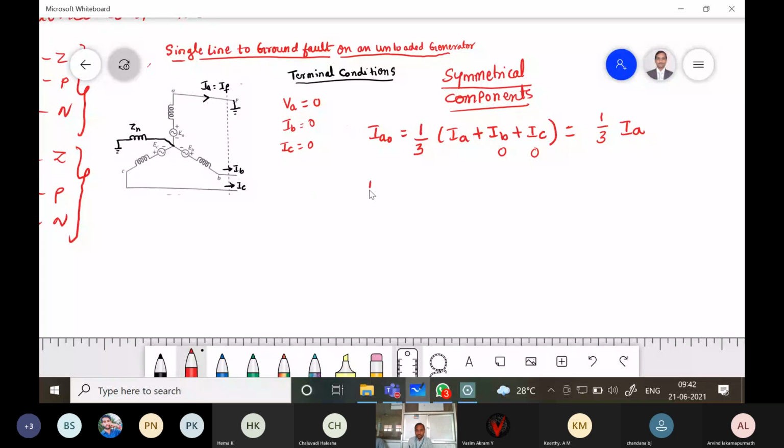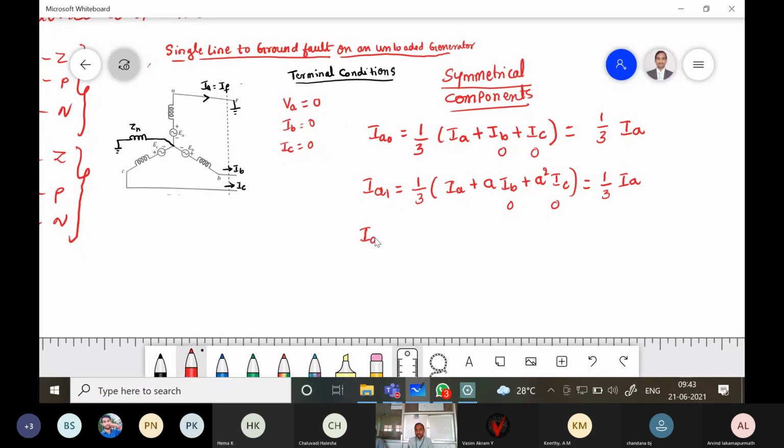Similarly, write for IA1, the positive sequence current, which is given by 1 by 3 times of IA plus A times IB plus A square times IC. The same thing here: IB and IC are 0 from the terminal condition, so only IA will remain. Therefore IA1 is equal to 1 by 3 times of IA.